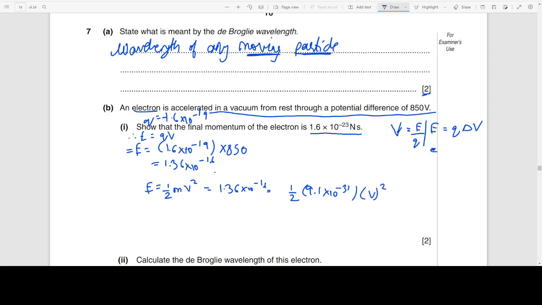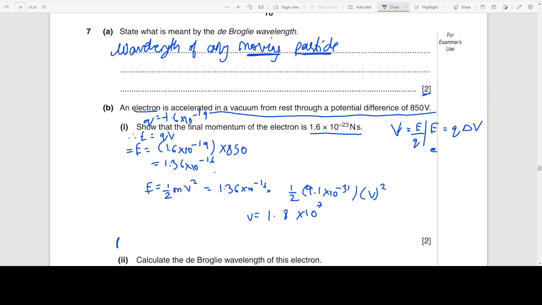If we calculate, we'll get v as 1.8 into 10 raised to 7. This is the final velocity.